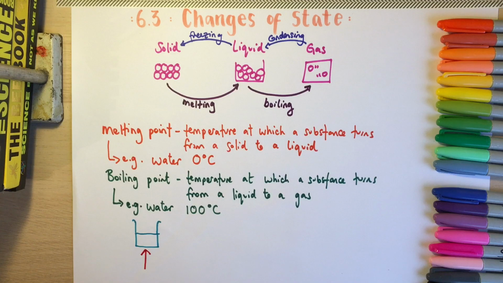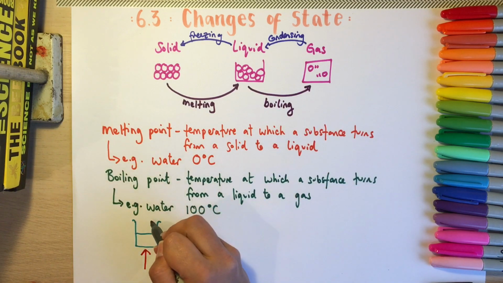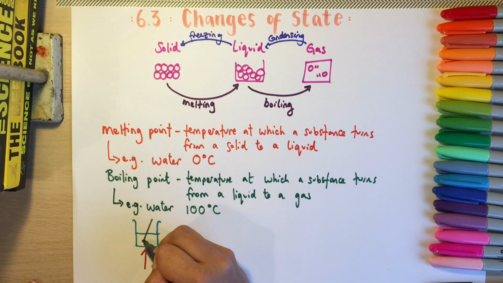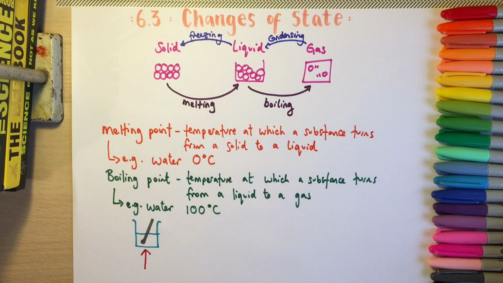Any of those things are fine. And then if I had a thermometer, so using a thermometer to measure the temperature of the water, then we could plot on a graph what this would look like as we increased its temperature.